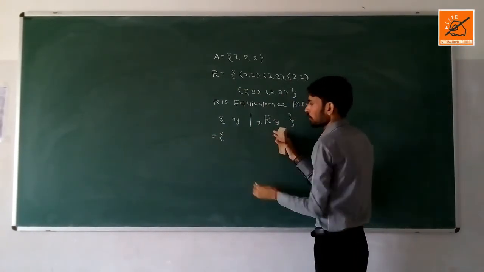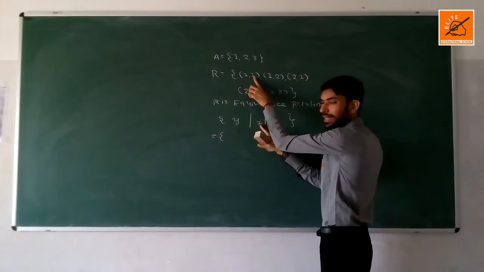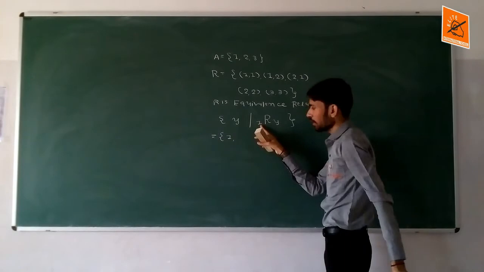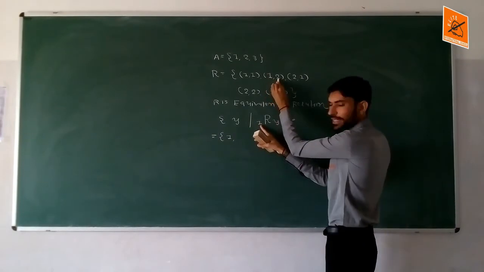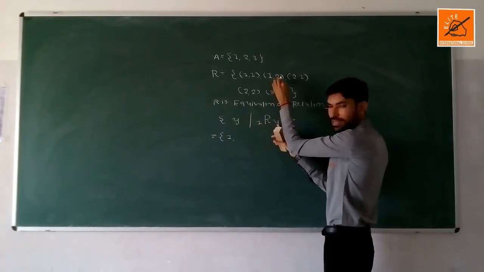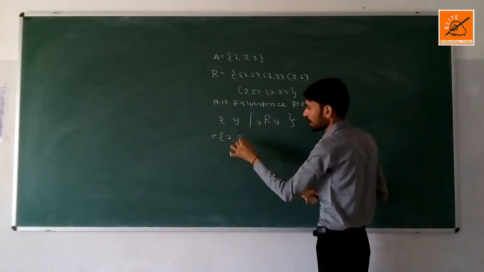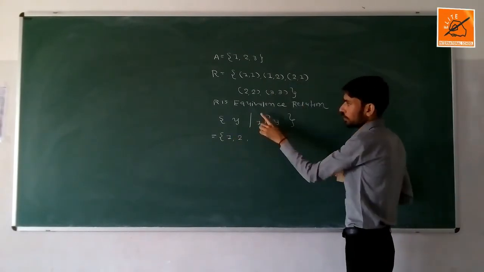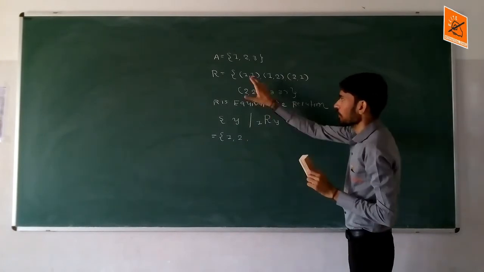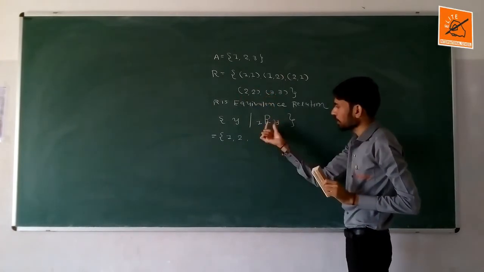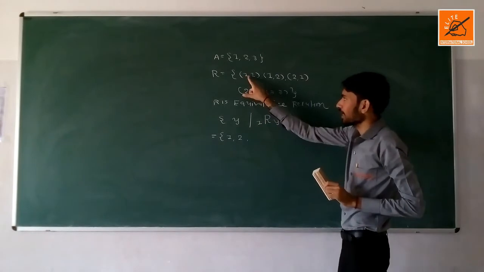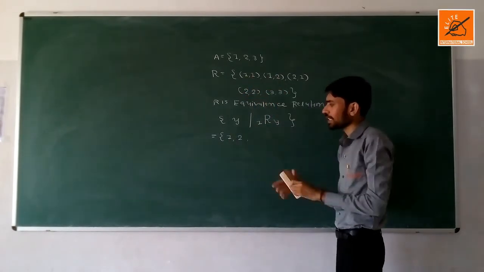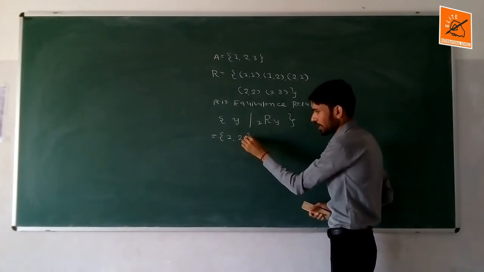Observe, 1 is related with 1 itself, so the first member of this set is 1. Now 1 is related to 2, so our second y is 2. So the set contains the element 2. Just two pairs, (1,1) and (1,2), are related with 1. So our set contains just the two elements 1 and 2.